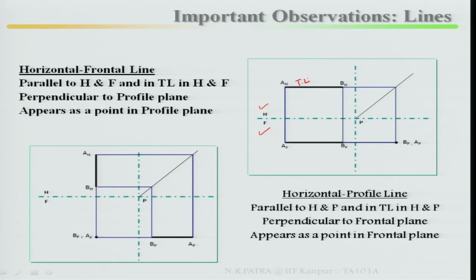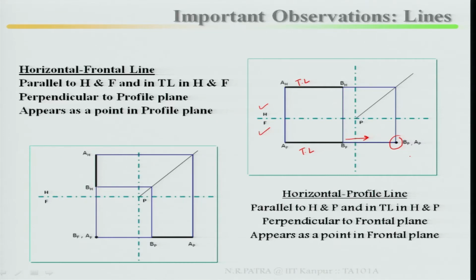This is your true length, this is your true length. It appears as a point in the profile plane. If I am looking in this direction, definitely this entire line will appear as a point in the profile plane.